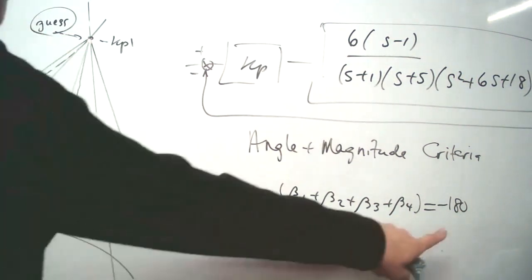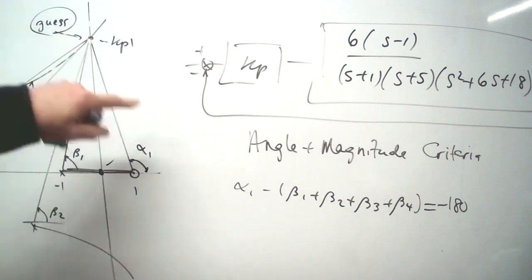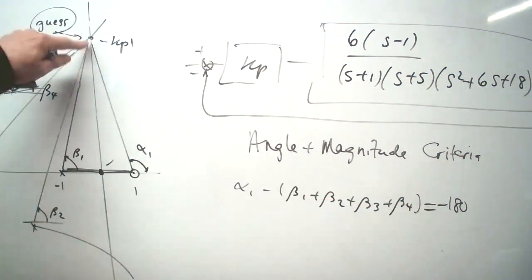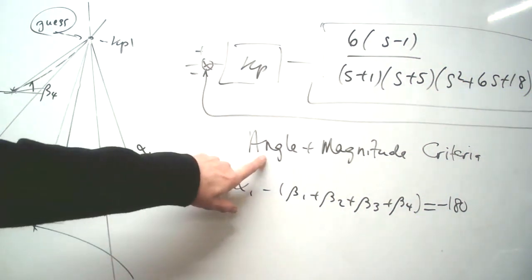If you've guessed wrong, this will come out as some other angle, like 160 or 200. But if you've guessed spot on correct, this will come out as exactly 180, and that then locates the point for you.